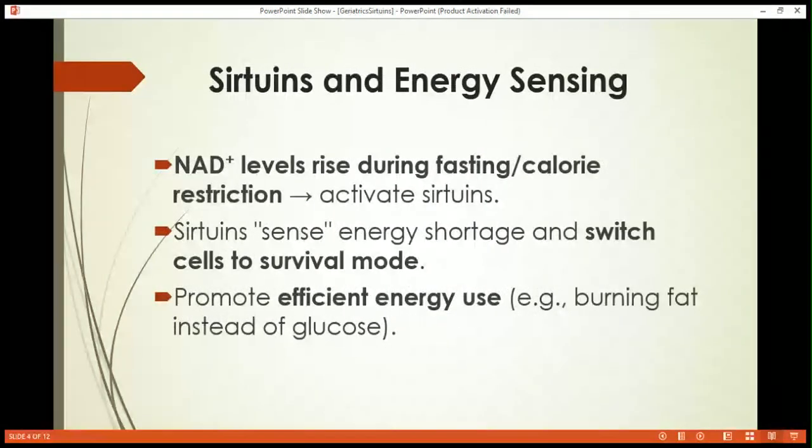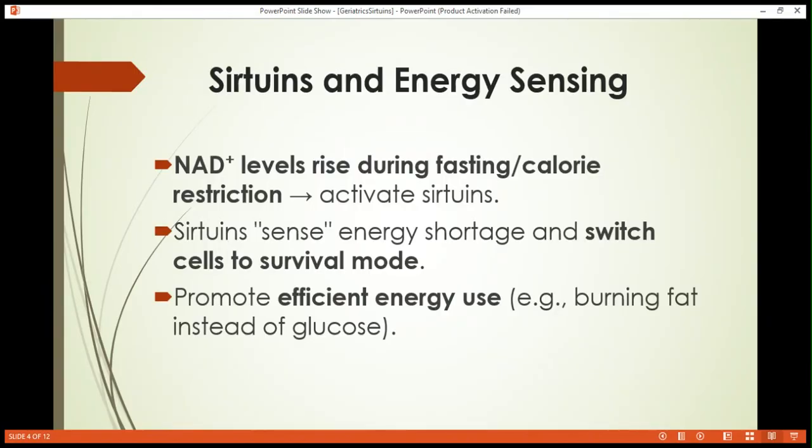So, these are Sirtuins, like we have said, that are activated by low energy states like fasting. Once they are activated, they switch the body cells to survival mode, and this promotes efficient energy use.